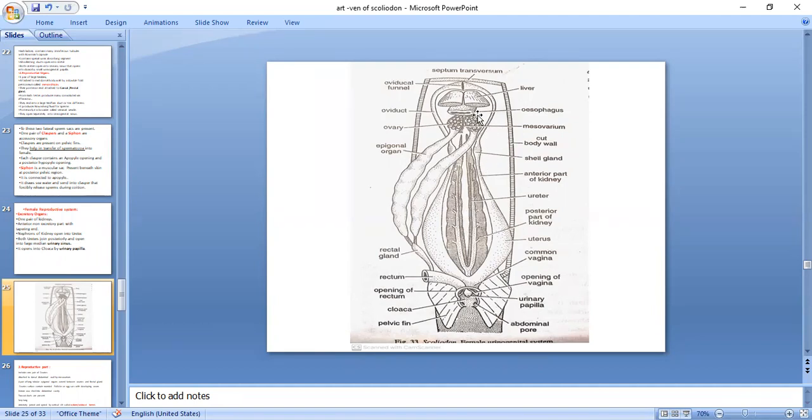Then one pair of ovaries is present. They are attached to the mid-dorsal wall with the help of a membrane called the mesovarium, along with one pair of epigonal organs. They keep the ovaries in a constant place, and they are attached posteriorly to the rectal gland.